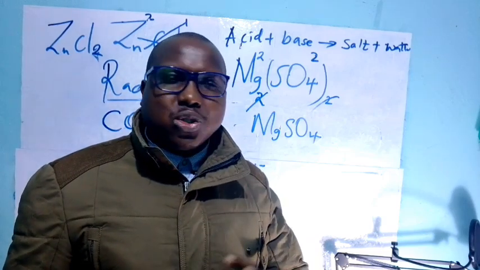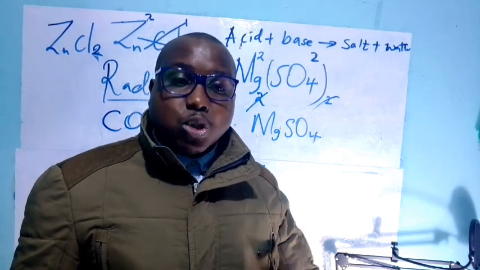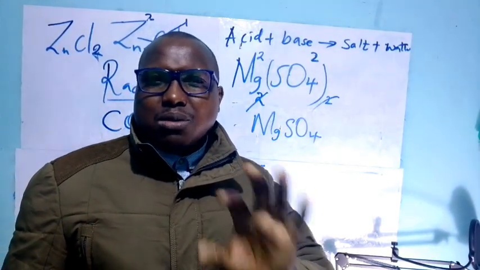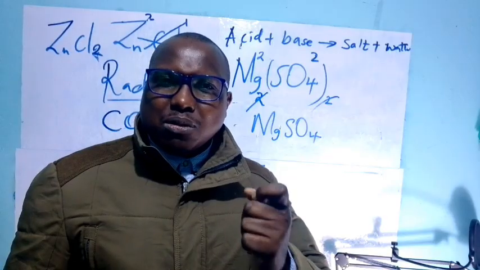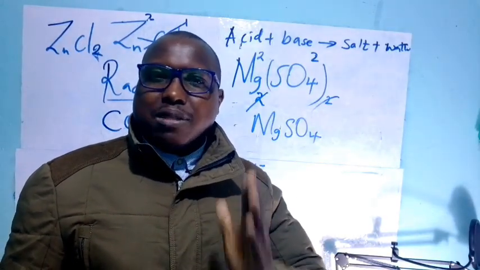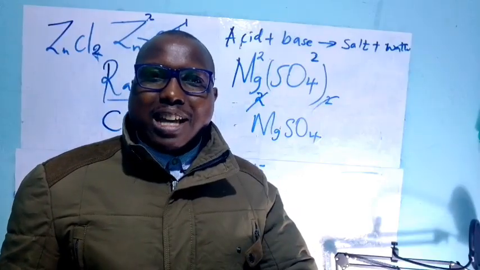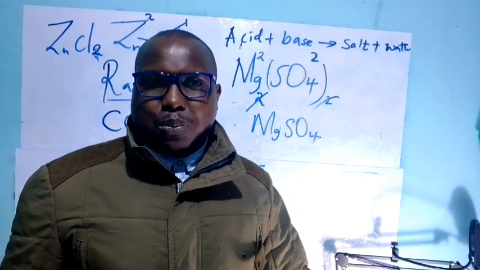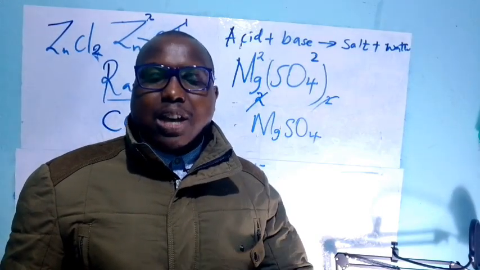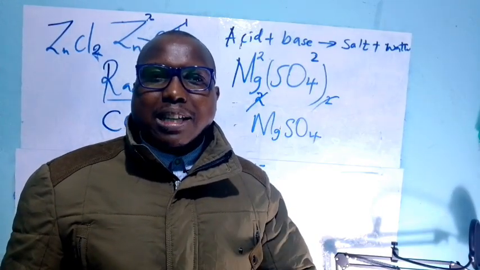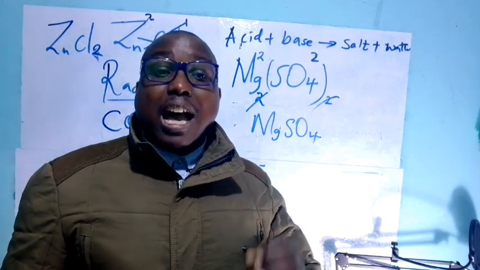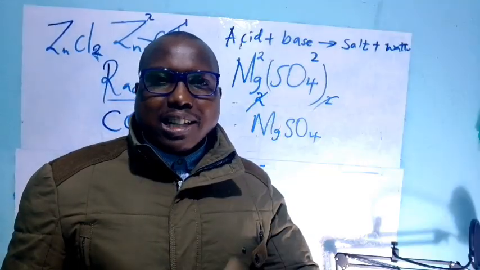Majority of the learners struggle to understand chemistry because they do not have the basic information. The basic information is understanding a few topics in Form 1 and in Form 2. Now Form 2, you need to understand very well topic 1, which is the atom and the structure of the atom. Then topic 2, which is the chemical families. Here you will talk about the alkali metals, the alkaline earth metals, the halogen family, the noble gases family.